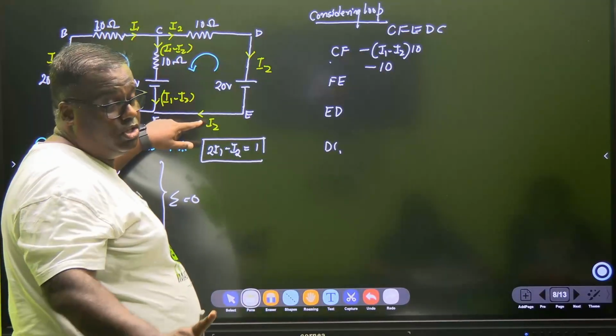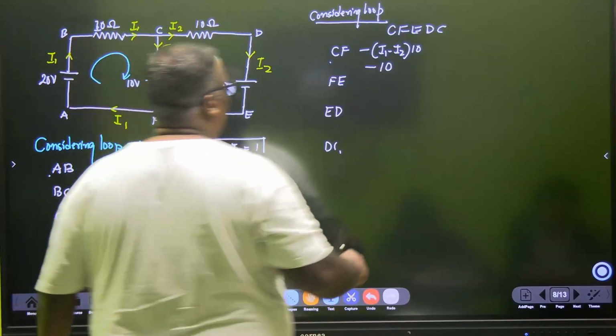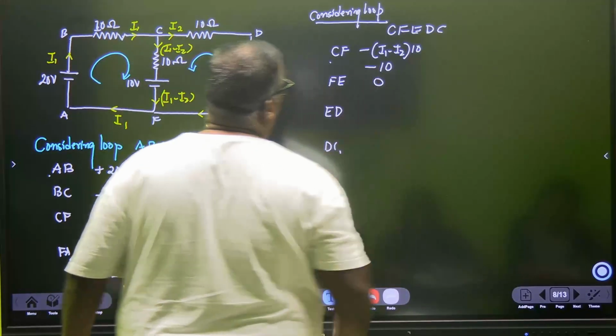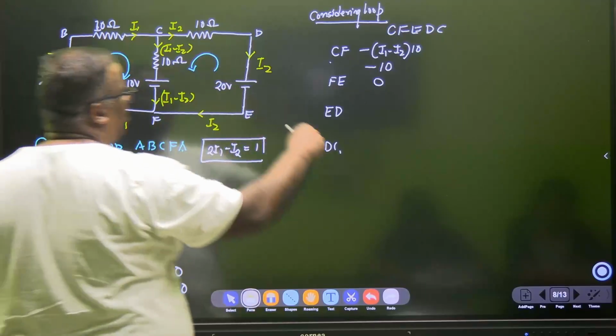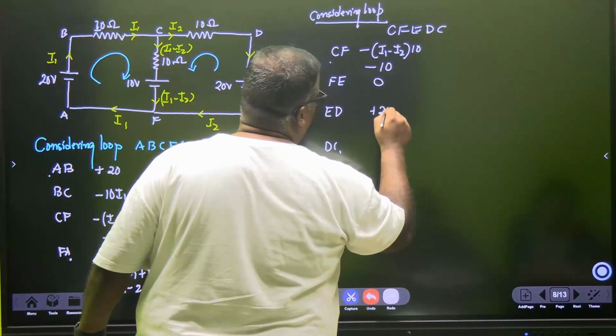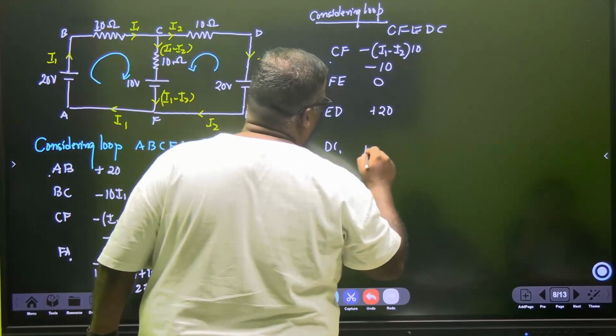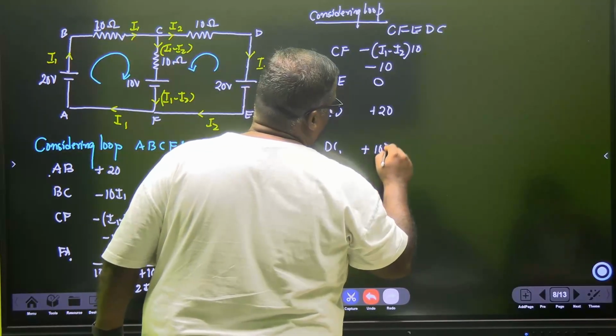Now the current has changed to I2. Okay. And I come here. So at FE I have a 0. Then at ED I have a plus 20. And here current is opposing me. So I have a plus 10 I2.